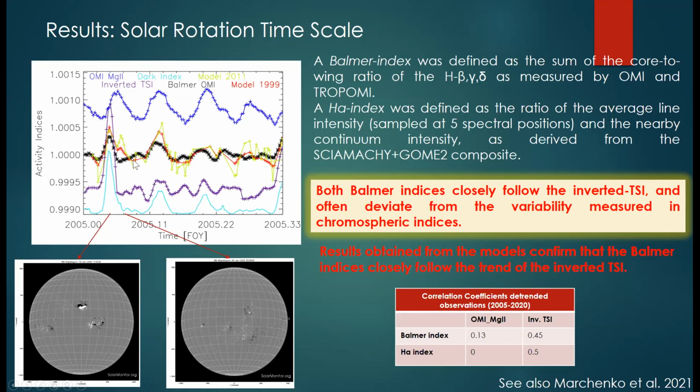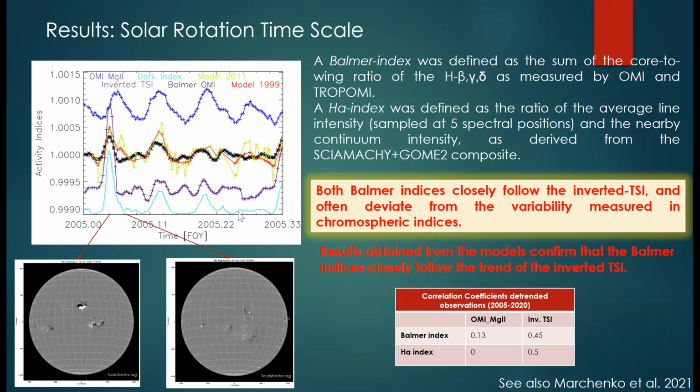If you look at the Balmer index, this is not true because the three peaks seem to decrease. And this trend more closely follows the variation of inverted TSI, and in particular more closely follows the variations that we find for the dark index, which again is very strongly correlated to the variation of the area of sunspots.